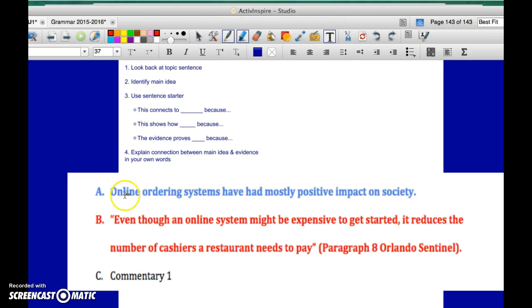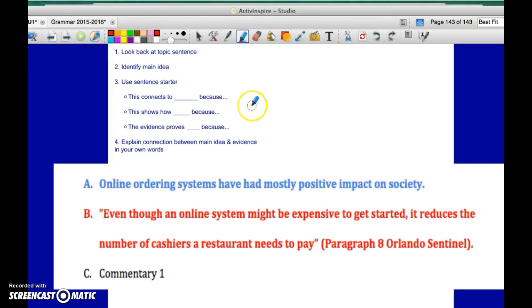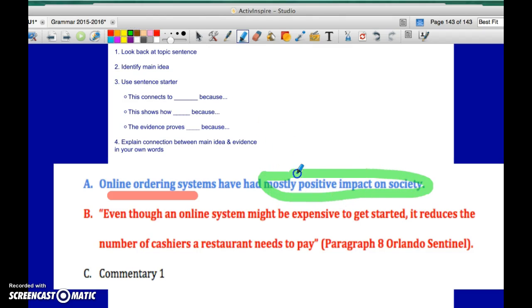And Christine is choosing to write about online ordering systems and they have had mostly a positive impact on society. So the first thing I'm going to do in following our steps is I'm going to identify the main idea. Here's the topic, online ordering systems, and the main idea is that they're having a positive impact on society. So here's my kind of big picture idea that I'm going to try to prove.